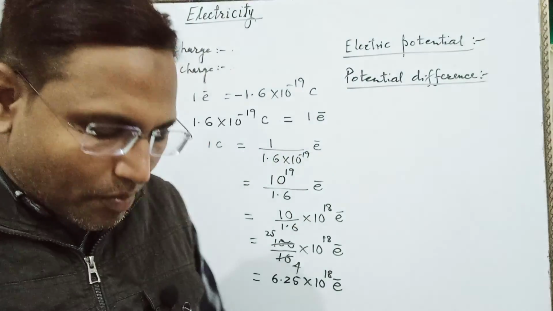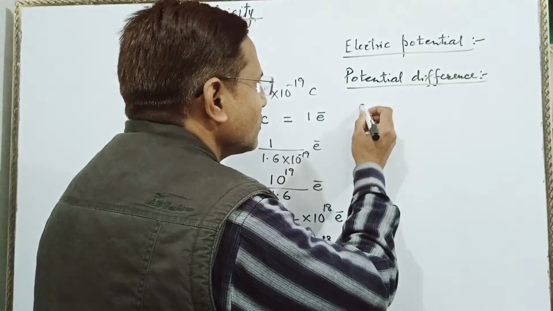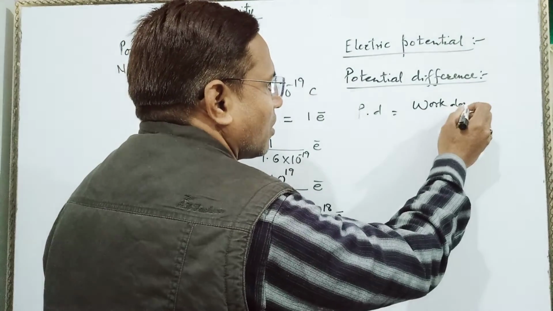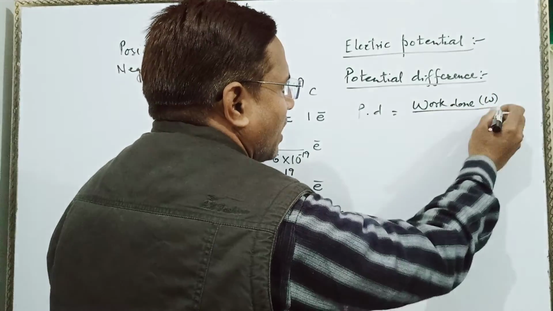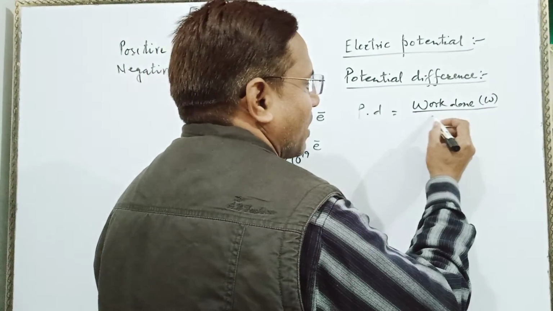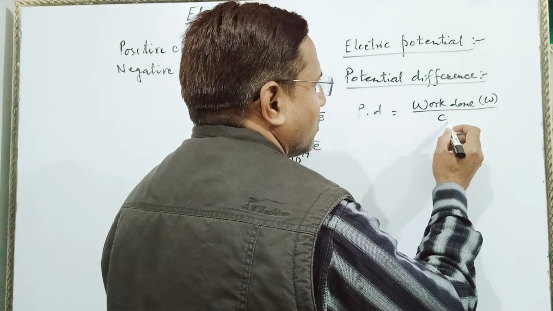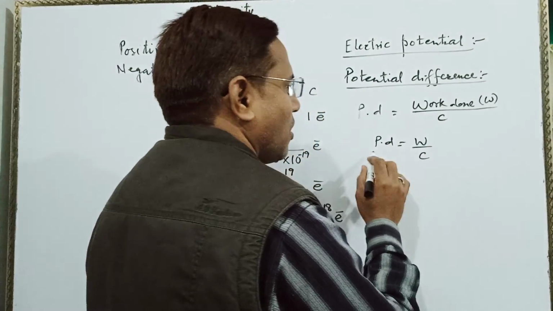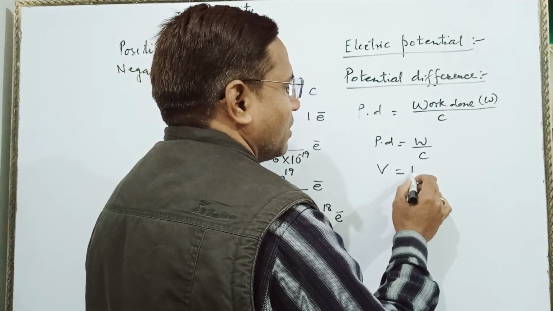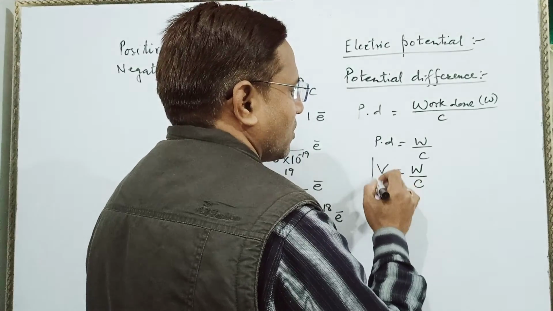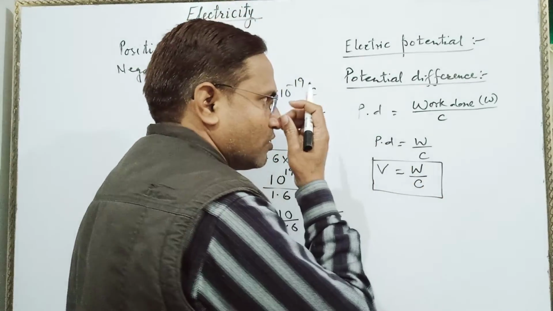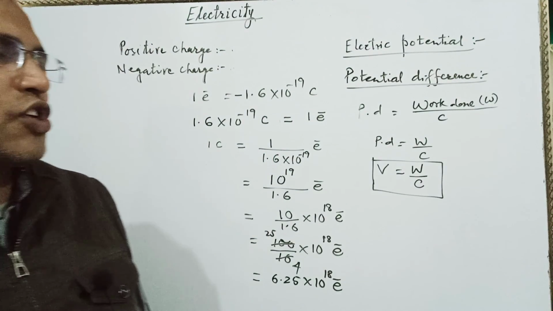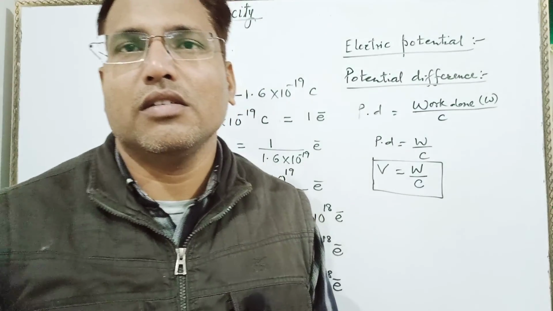If we denote potential difference by PD, work done by W, and the charge moved by C, then PD is equal to W by C, or if we write PD as V, then V is equal to W by C. So this is the formula for potential difference: potential difference is equal to W by C.